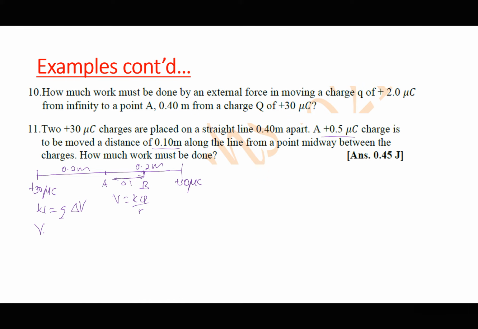So potential at point A is going to be 2 times K, which is 8.99 times 10 power 9, times 30 times 10 power negative 6, divided by the distance from positive 30 to A, which is 0.2. I've multiplied by 2 because I get potential due to this plus potential due to that. Because A is the midpoint, I just multiply by 2.